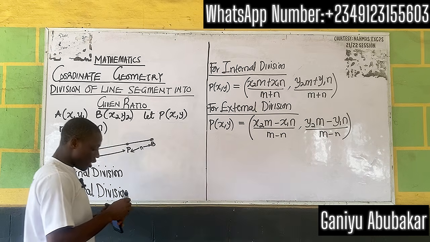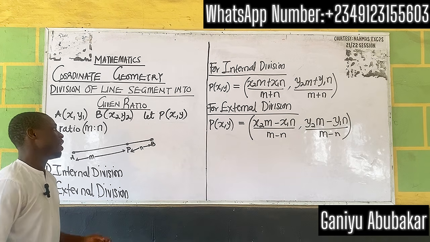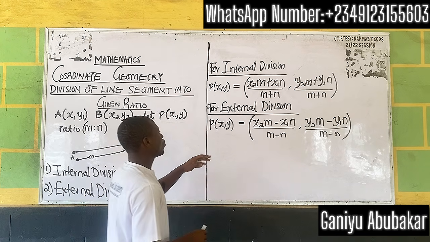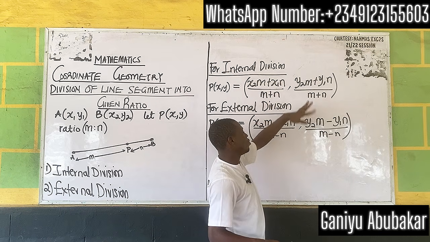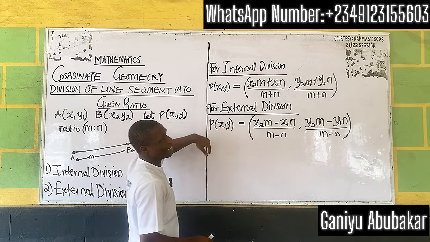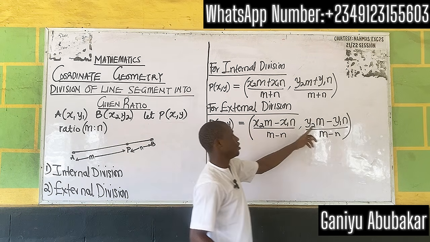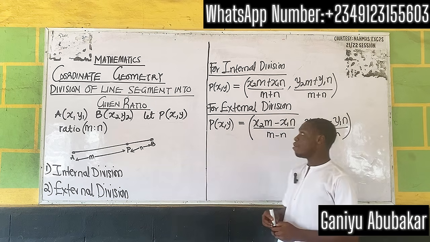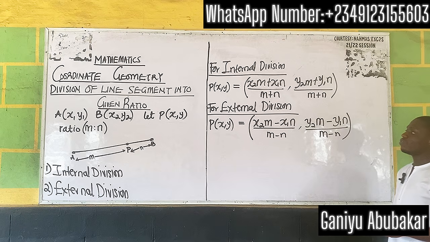These are the formulas for internal and external division, as you can see. So here's the difference. One is positive, the other is negative. You should know when to use internal, that's addition, and external, that's subtraction.